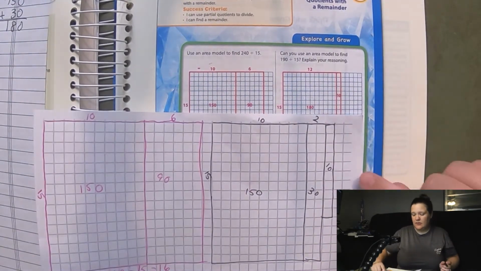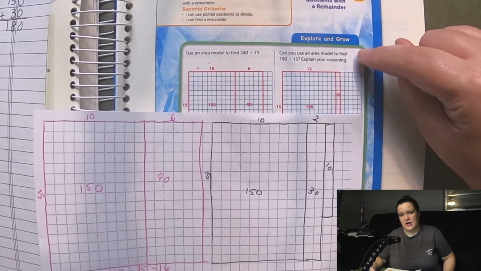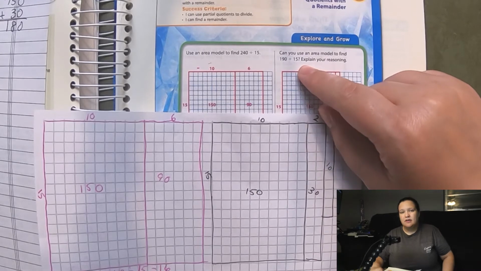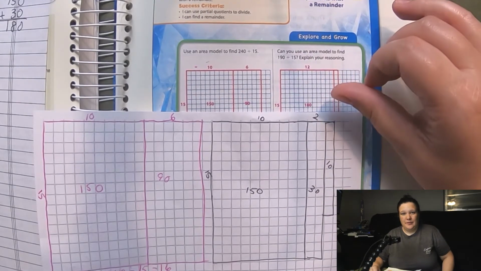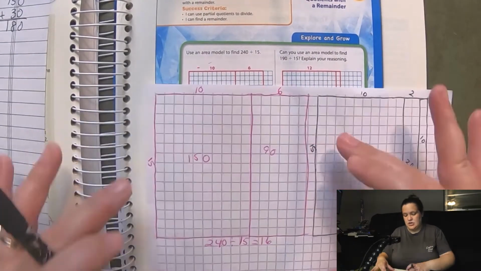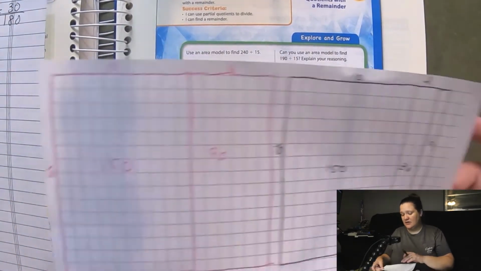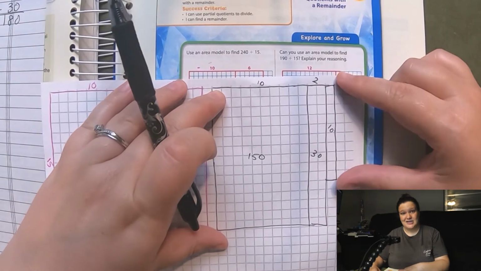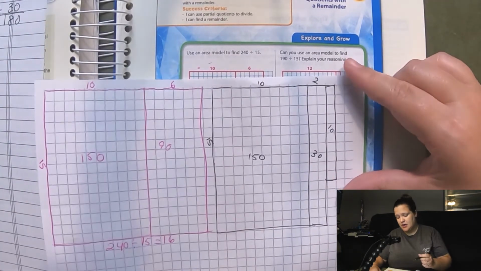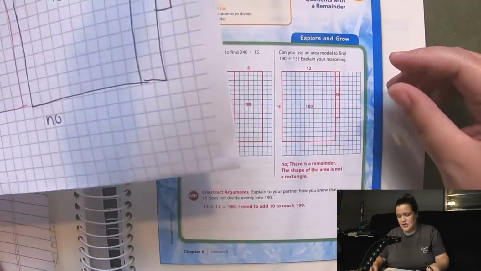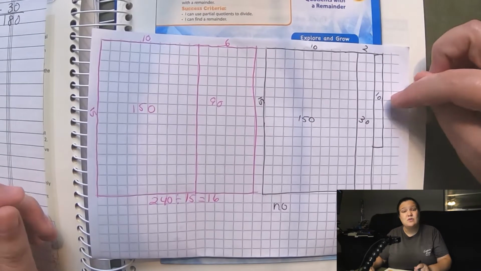Okay. So, can you use an area model to find 190 divided by 15? The answer to this is no. Because an area model uses a full rectangle that is split. This is a full rectangle, but it's got extra. Okay, so your answer to this one is going to be no. And your reason why is because there is a remainder.